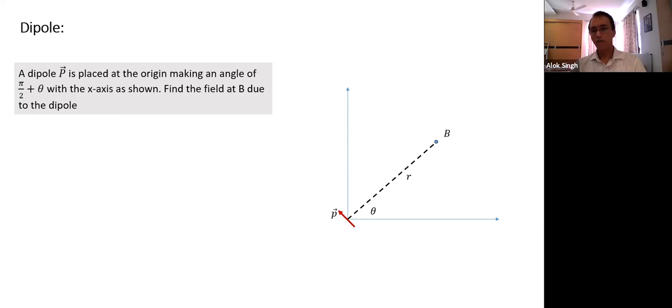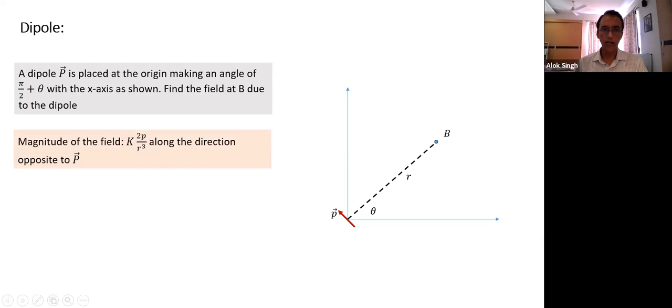What happens if the dipole is placed at the origin, making an angle, so it is perpendicular to the radial vector? What is the angle it is making? The dipole is making an angle pi by 2 plus theta. It is placed like this. Can you find the field at point B now? This is also simple enough.